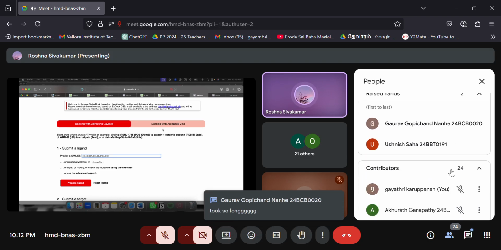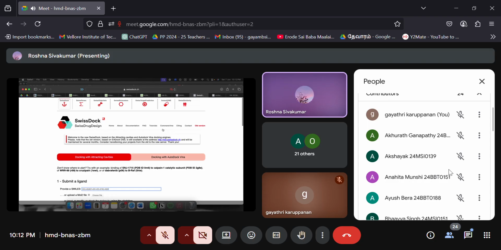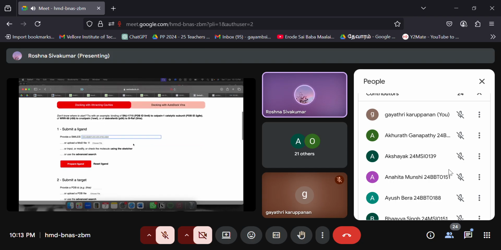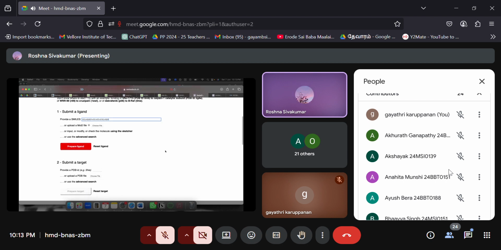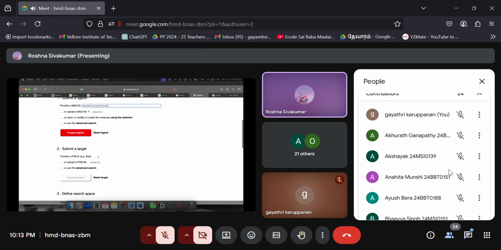This tool, I was the one that explained it in Alchemix as well. It is a docking tool called SwissDock. What this does is, we have our drug molecule in SMILES format, which is a specific molecular format for your drug, and your target is a certain molecule.